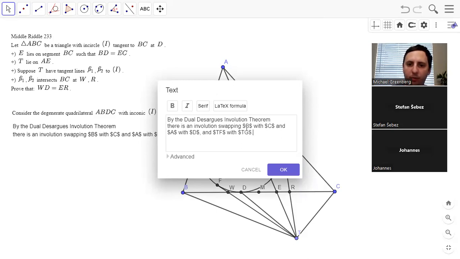So do we say it swaps the lines TB and TC, or do we just say it swaps B and C? We say it swaps the lines.